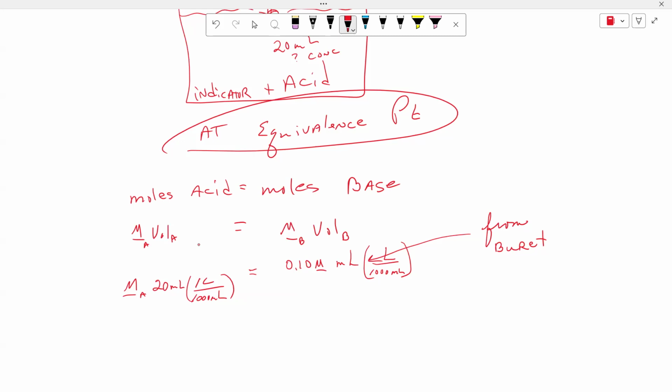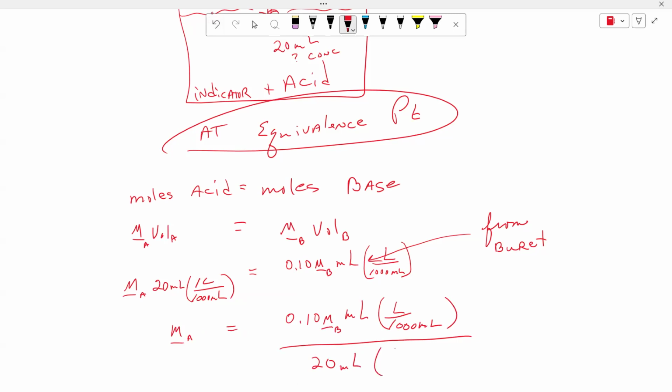Now we just solve for M sub A. Now notice something here.